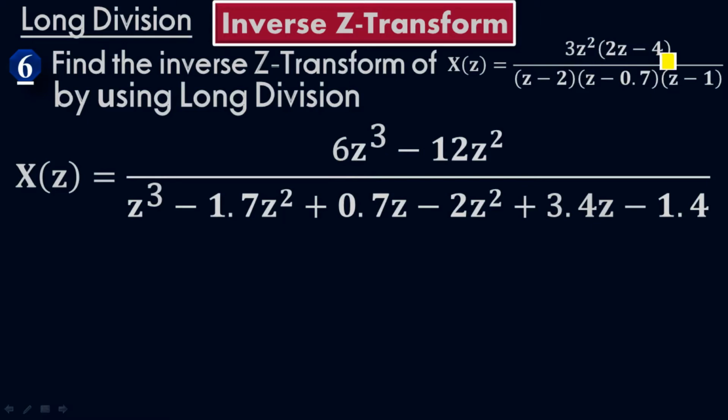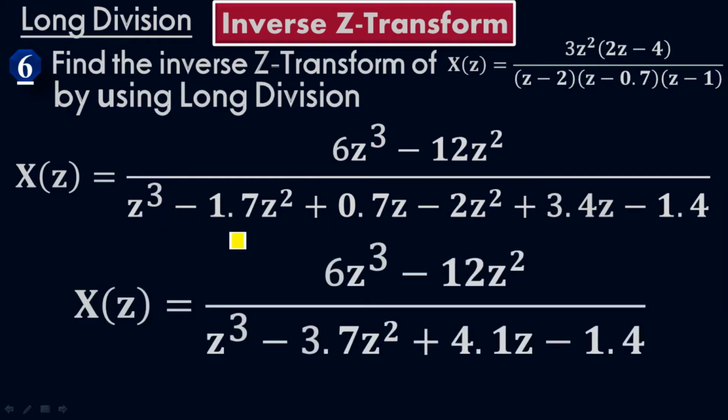Similarly, 3 times 4 is 12 and then z squared. Do the same thing in the denominator, you will get this expression. Look, negative 1.7z squared, negative 2z squared is negative 3.7z squared. 0.7z plus 3.4z is 4.1z.